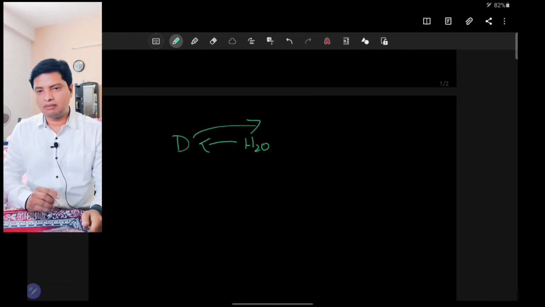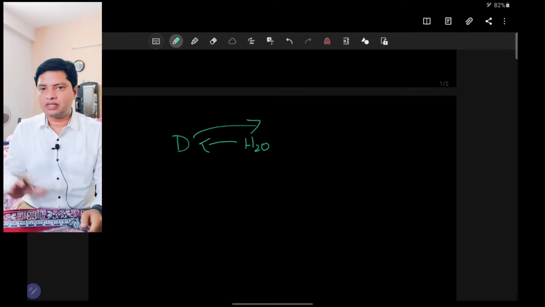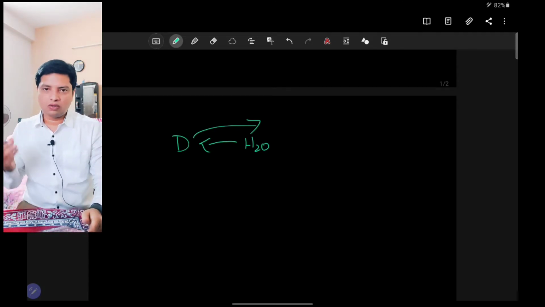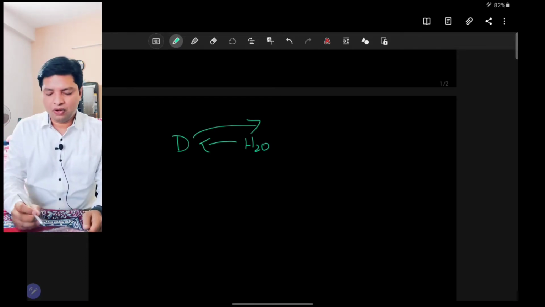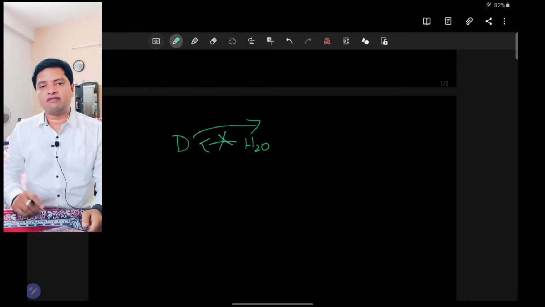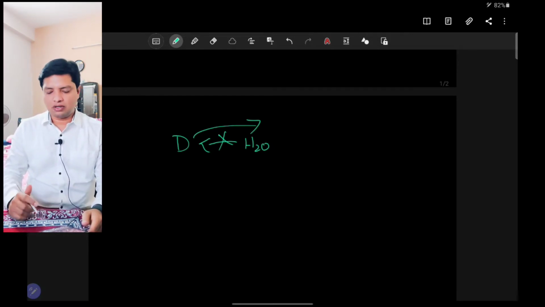The dissolved drug will come out as a molecule. This is what happens in a general drug delivery system. Water goes into the drug delivery system, dissolves the drug, and the drug comes out as a molecule. Now if I can restrict this entry of water, we call it dissolution control.